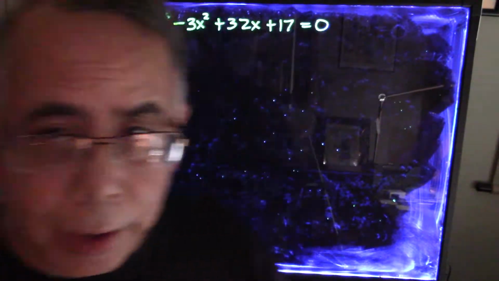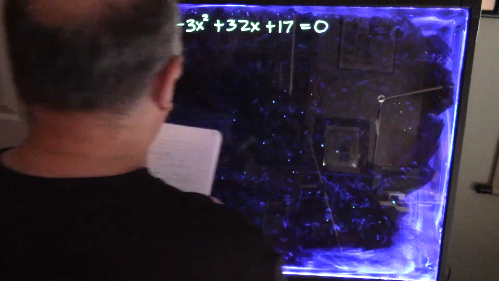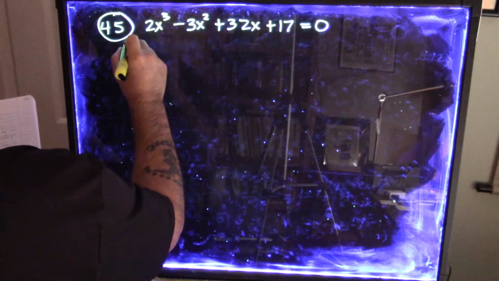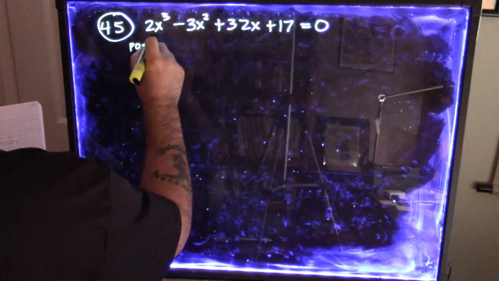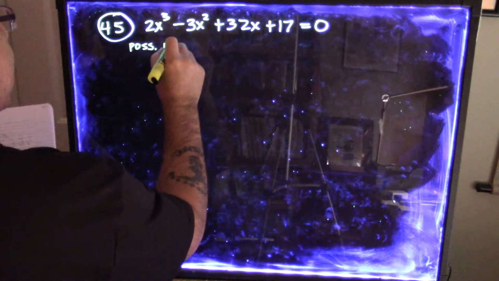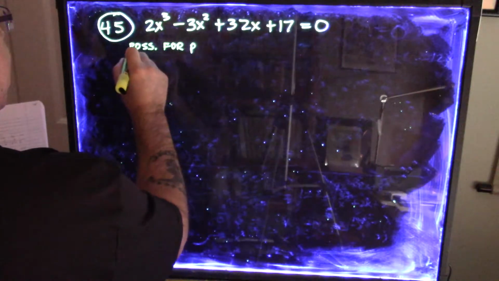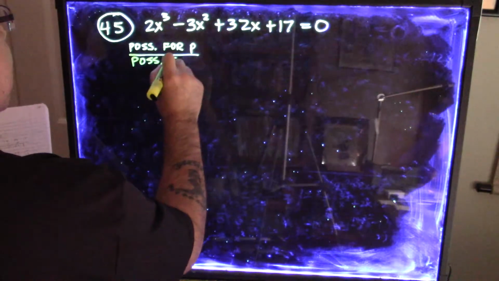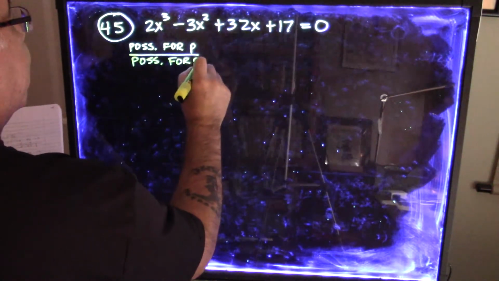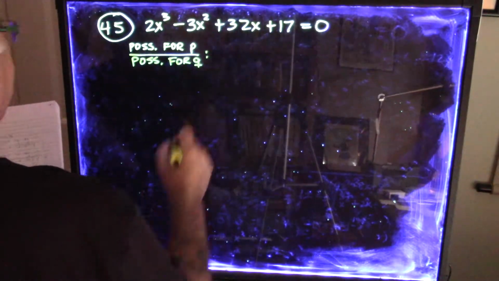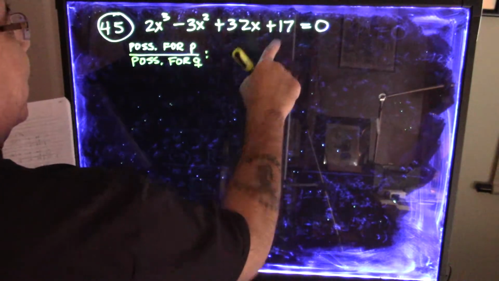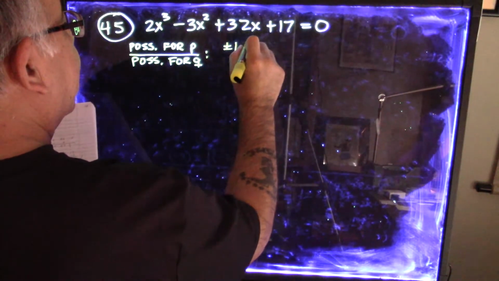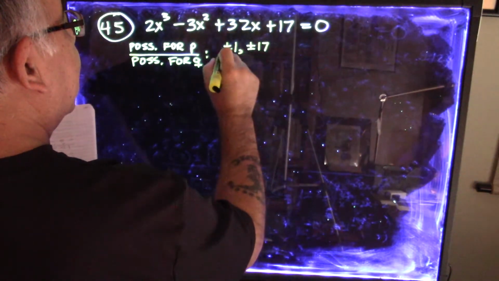Number 45. So here's our equation, and we'll write possibilities for P over possibilities for Q. Should have used ditto marks, but oh well. All right, so the factors of 17, that's easy. Plus minus 1, plus minus 17.